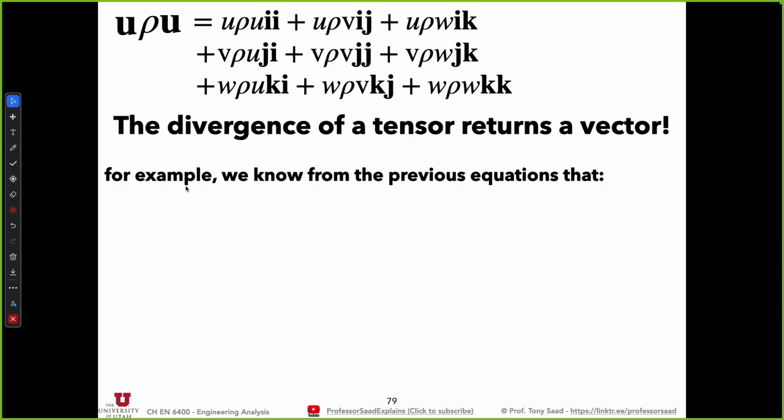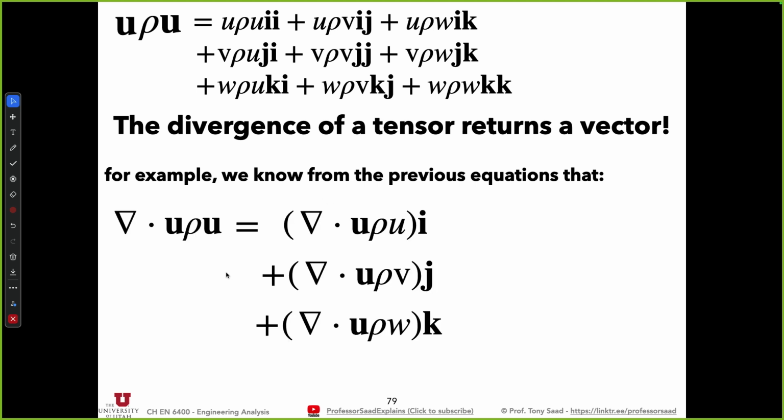So, for example, we know from the previous equations that div u rho u, remember when I went back to the equations and put i, j, k on the right hand side, this is what this should return. If my math and my nomenclature is correct, div u rho u on the dyadic product should return div u rho u i plus div u rho v j plus div u rho w k.